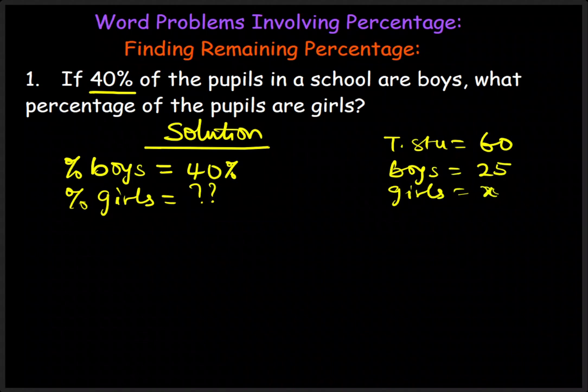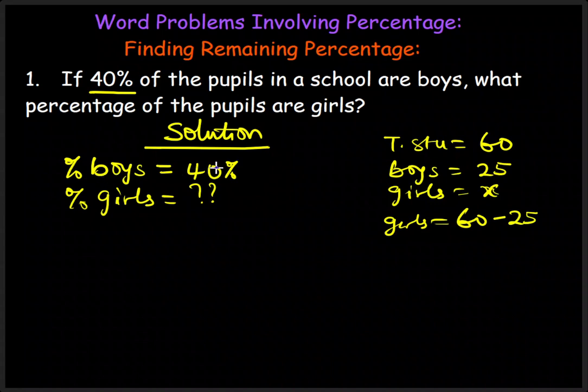I'm just making an illustration so that we will understand that percentage is just another number system, where we apply the same principle we apply under numbers. So how do we get the number of girls? It's simple. Girls will be equal to 60 minus 25. That's subtraction.